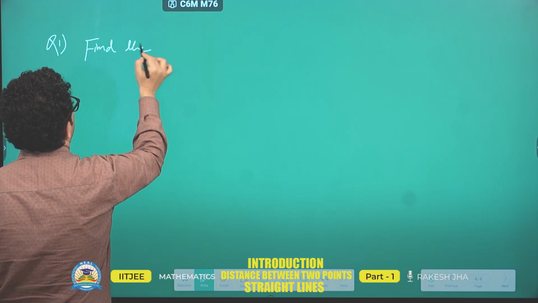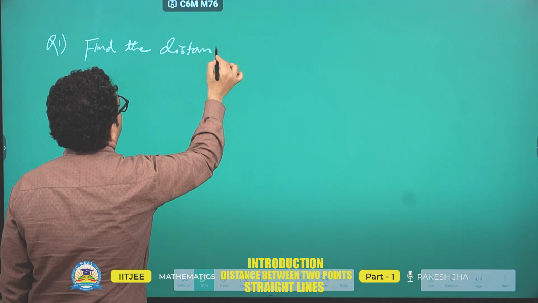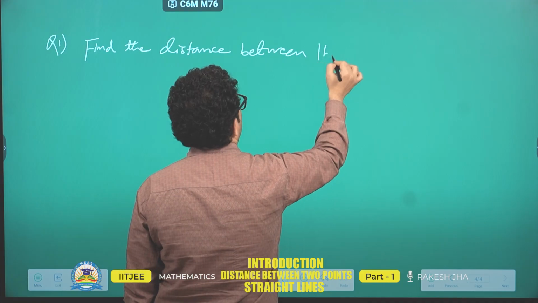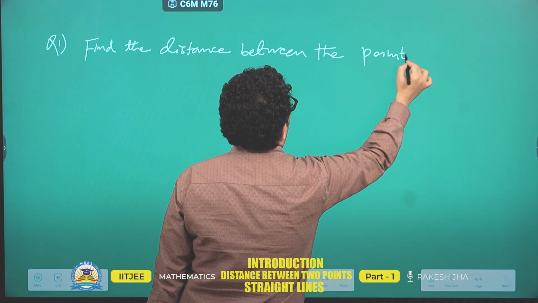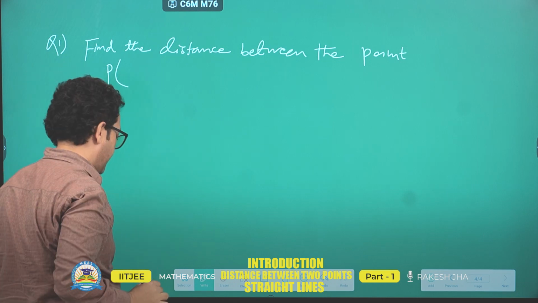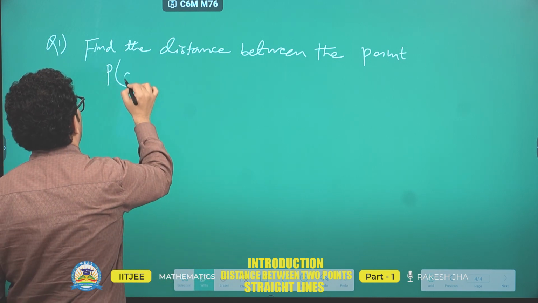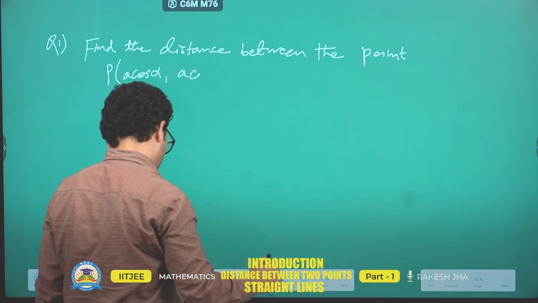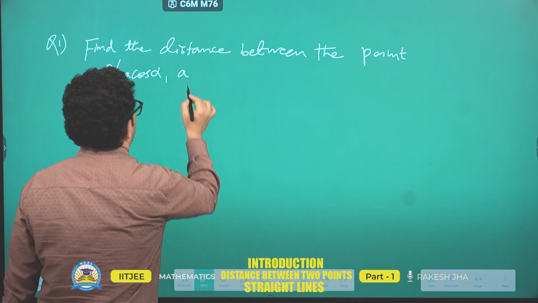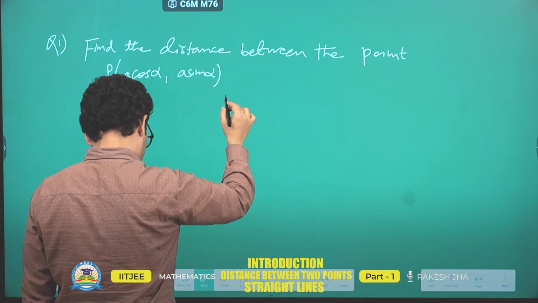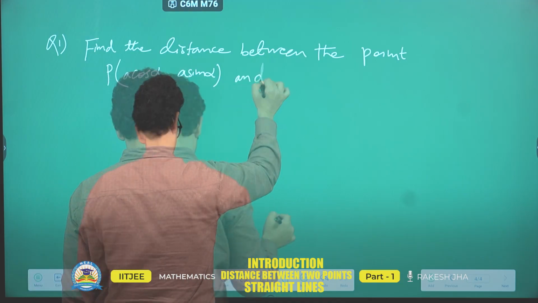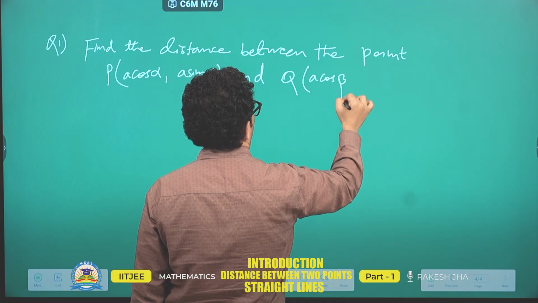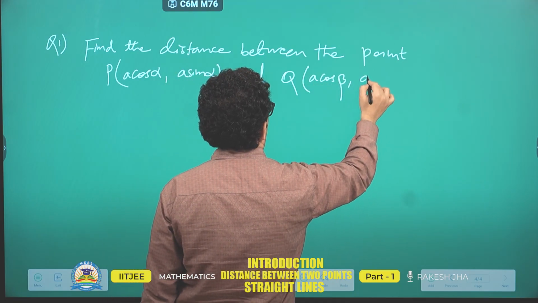Find the distance between the point P, whose coordinates are a cos alpha, comma a sin alpha, and another point, let it be Q, a cos beta, comma a sin beta.